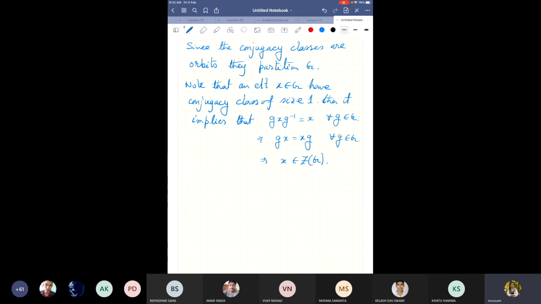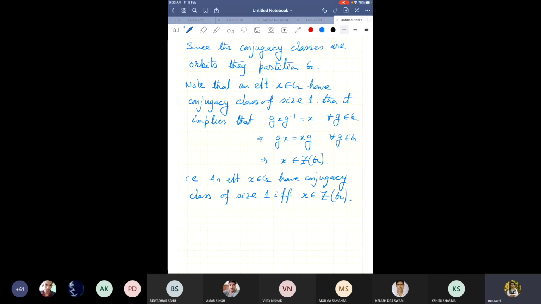Therefore, an element x belonging to G has conjugacy class of size 1 if and only if x is in the center of the group.